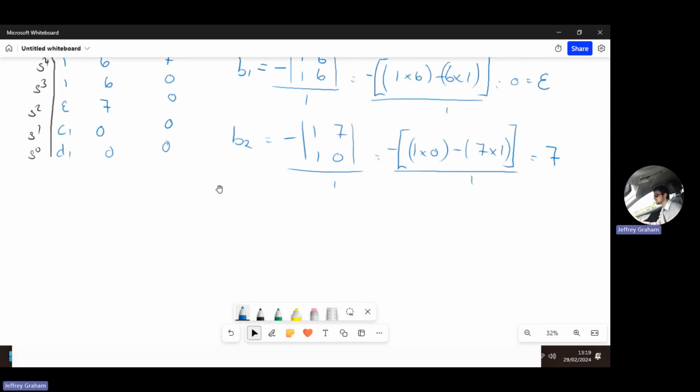Right, very quickly with C1 and D1. Going to get a little bit awkward with the terms involved. C1 says bottom of that one, so 1 and 6 for the top, with epsilon and 7 on the bottom, all divided by epsilon.